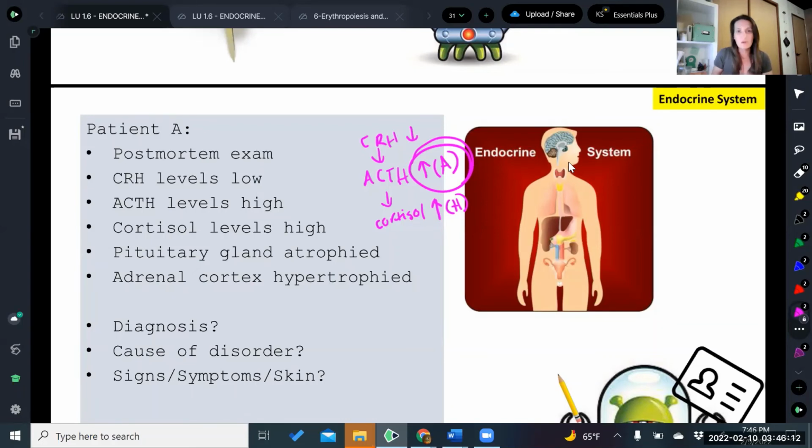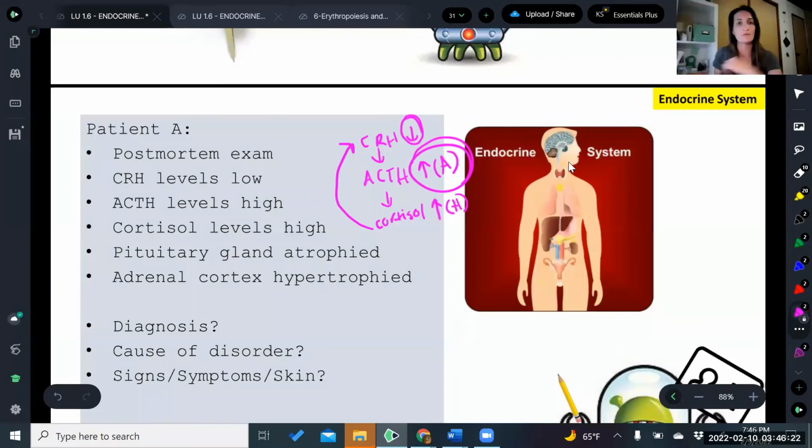And we don't even need to go to the level of CRH here, because for CRH, we would predict that these levels should be low because of the high levels of cortisol. Right? That would be a normal response by the hypothalamus. But the normal response by the pituitary to the low CRH should be low ACTH, and it's not. We have the high levels, which would suggest that it's actually being put there.